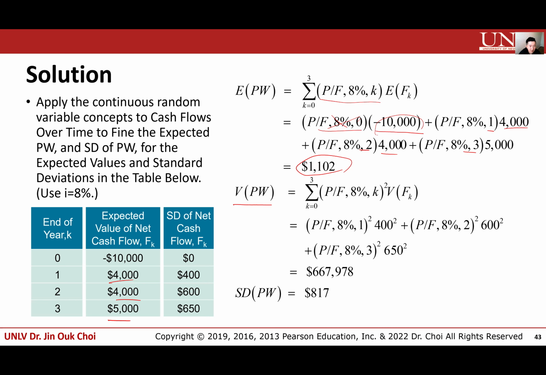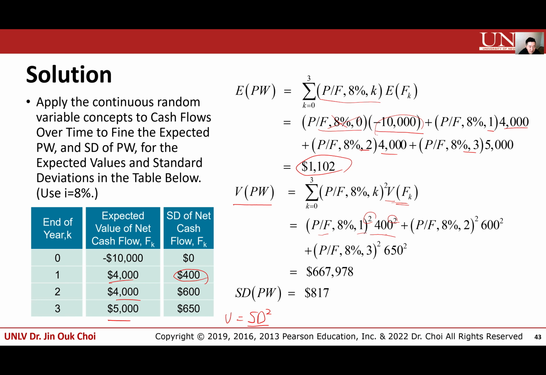For variance, we just need to multiply the variance, which is squared. So P/F, given F, 8%, 1 to the square, and also the standard deviation, because we are looking at the variance. To calculate the variance, we have to square the standard deviation.